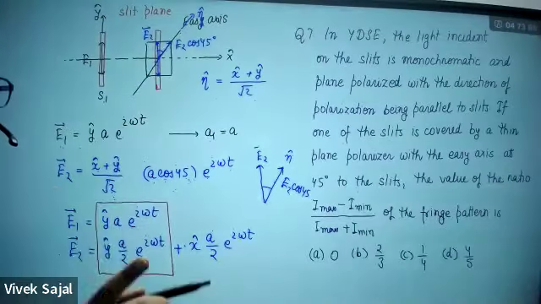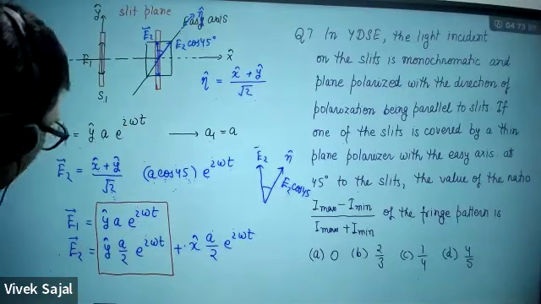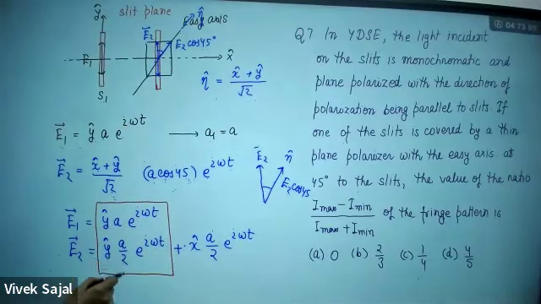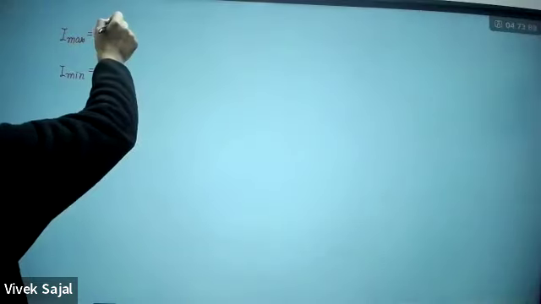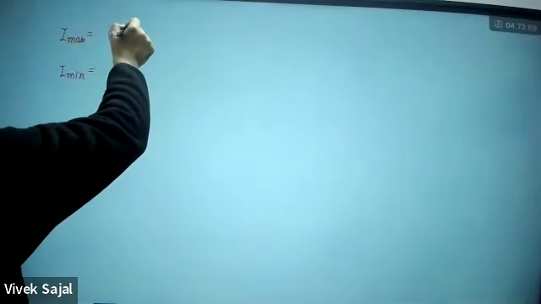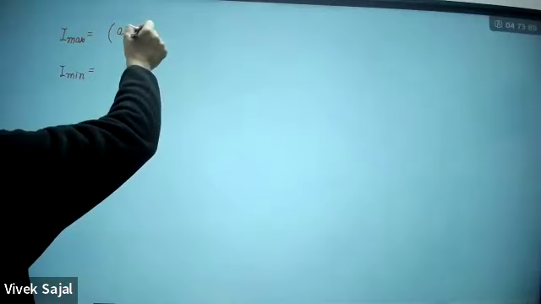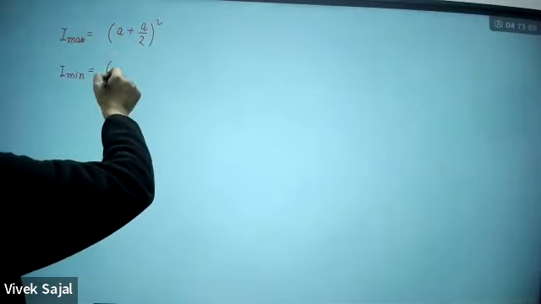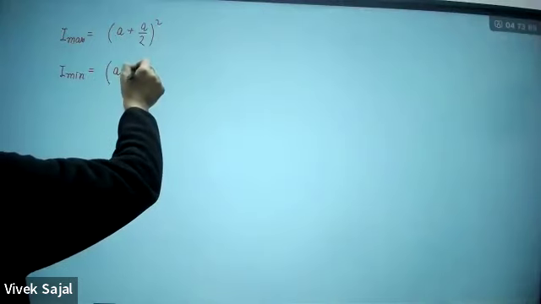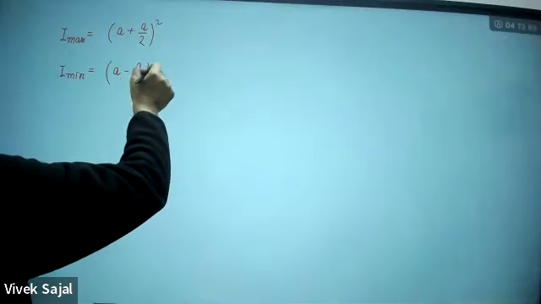First, I want to write the maximum intensity and minimum intensity. Due to these interfering components, one amplitude is A and the other is A by 2. So A1 is A, A2 is A by 2. So I max will be A plus A by 2, that is A1 plus A2 whole square. I minimum will be A minus A by 2 whole square.